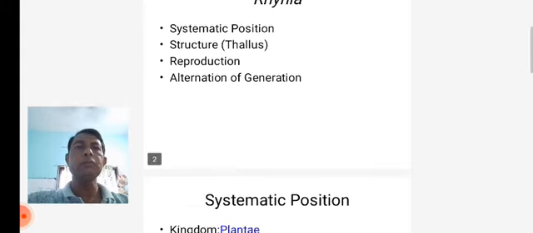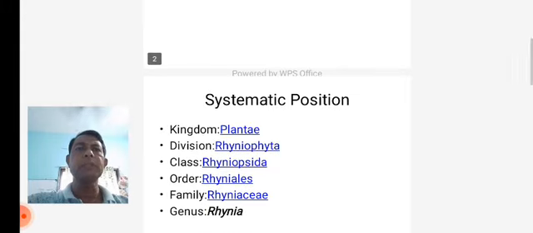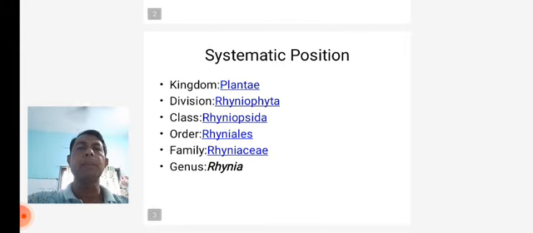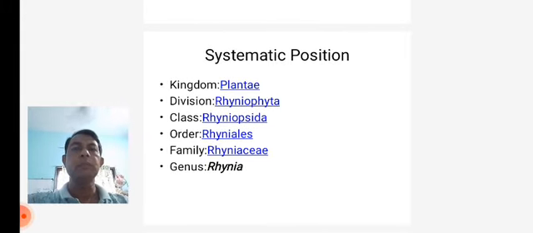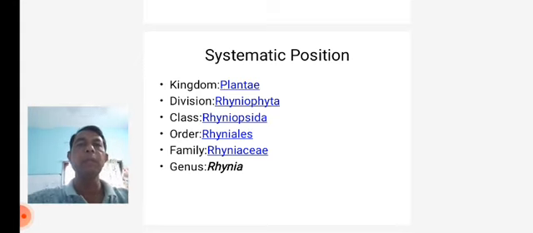Now moving to the next part, that is the systematic position of Rhynia. Rhynia is included in kingdom Plantae, division Rhyniophyta, class Rhyniopsida, order Rhyniales, family Rhyniaceae, and the genus is Rhynia.